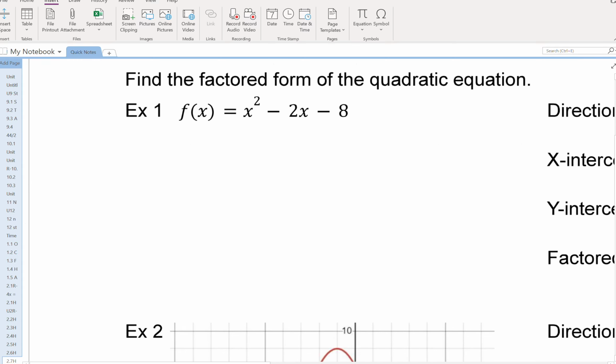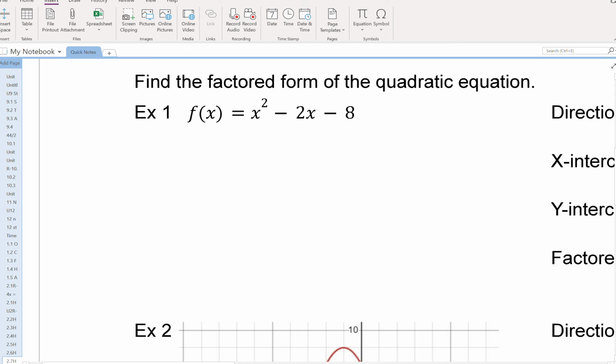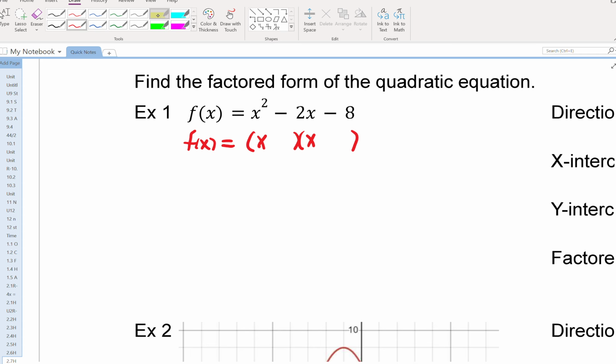So in the case of this f of x equals x squared minus 2x minus 8, because the focus of our lesson here is not the factoring, but using factored form to graph the quadratic equation, I'm just going to go ahead and give you the factored form here. This would be f of x is equal to x times x. That x times that x, that's the x squared.